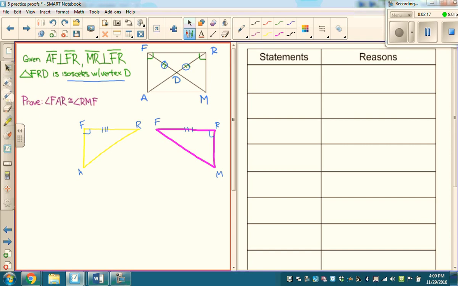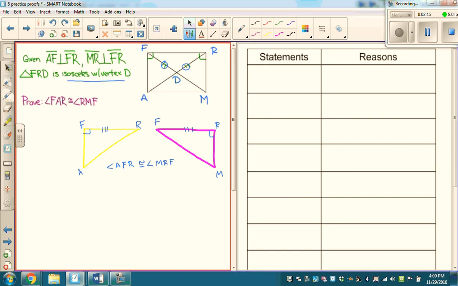So far, just doing a little scratch work, I'm going to use the fact that angle AFR is congruent to angle MRF, because I know right angles are congruent.